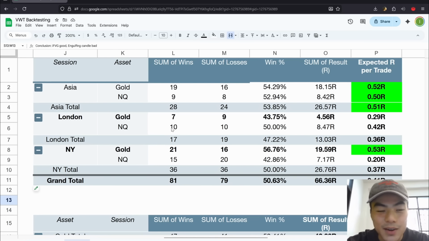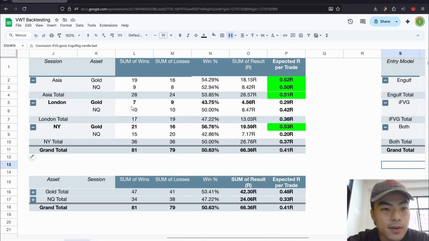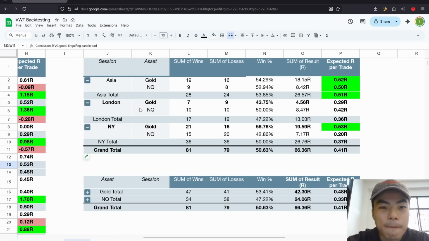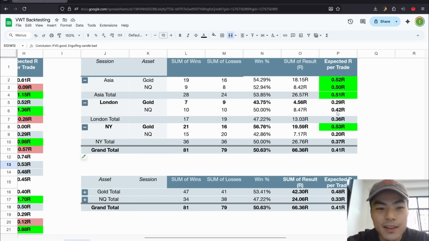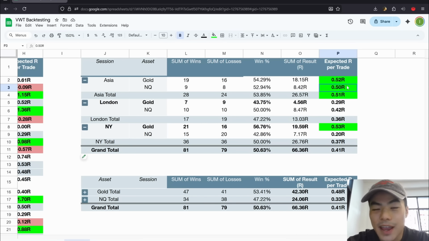Here is the breakdown of sessions. So we've got clearly the winner is Asia. Asia is very good on both gold and NQ with 0.5 R expectancy. What do we have here? Yeah, London gold is not that good.